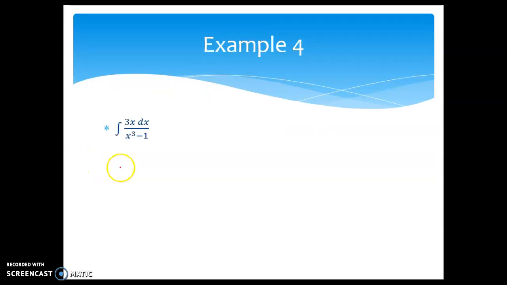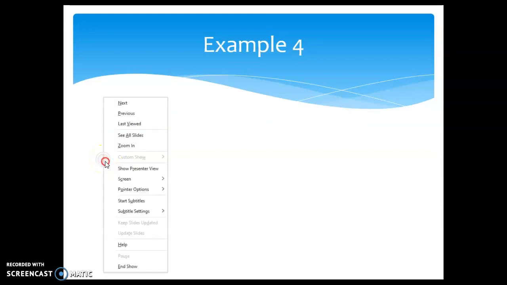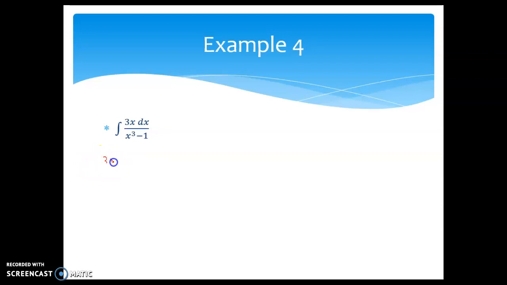So also, if we want to integrate this function here, first of all we want to break this function into smaller fractions. The way to do that is using partial fraction decomposition.